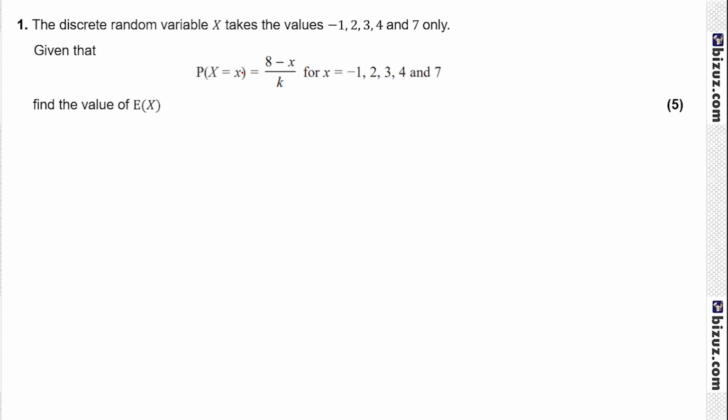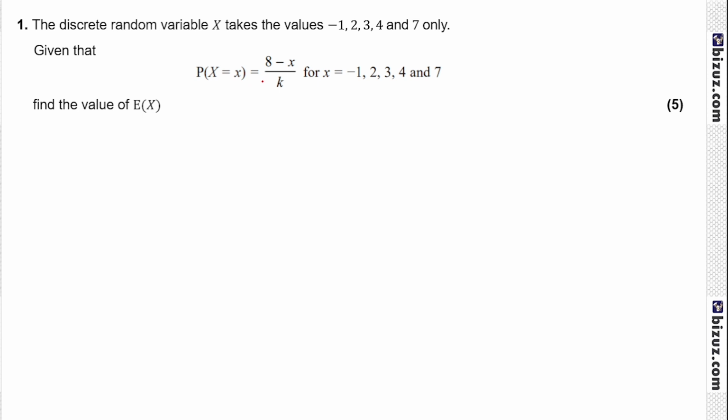Given that the probability of x being equal to some value small x is equal to 8 minus that value, divided by k, for all the values of x, find the expected value of x. Okay, so we need to find the expected value of x.